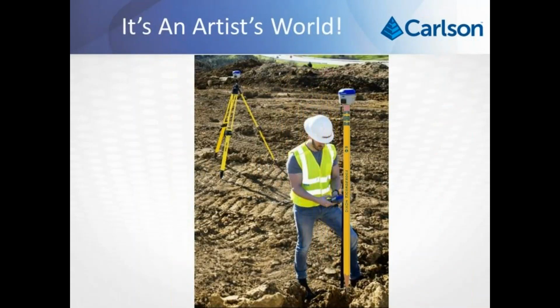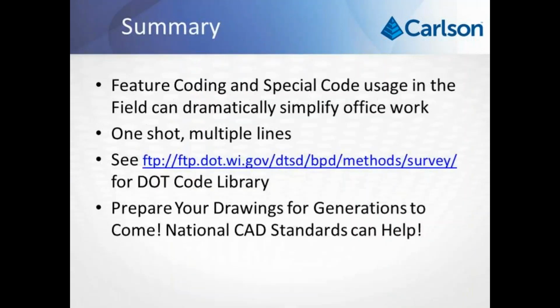So you, as a surveyor, are an artist and efficient and not having to reduplicate work. So with that, I'd like to say that it's just a little bit of time and effort to understand it's all in the feature coding and the special codes. They can dramatically simplify the office work. One shot can control multiple lines.